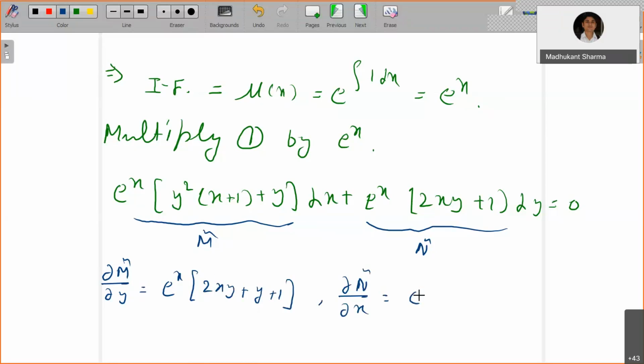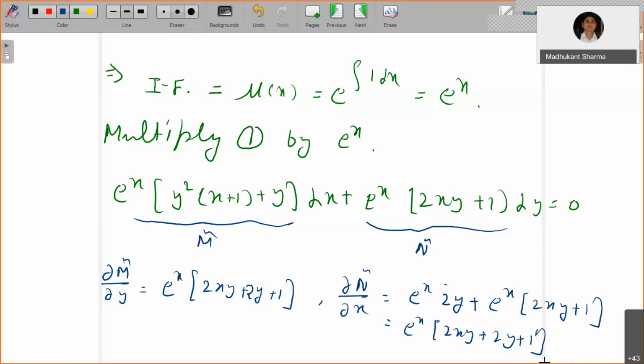That is equal to e to the power x times 2y, first function as it is, second function derivative, plus e to the power x times (2xy plus 1). So here 2y is missing. In total it is e to the power x times (2xy plus 2y plus 1), which are both equal. So the resulting second equation becomes exact.